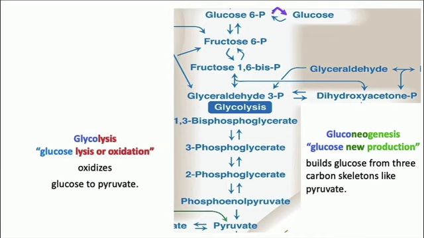But before I do that, I want to point out that most of the glycolytic enzymes also play a role in gluconeogenesis. So here on the left side of the figure, glucose gets oxidized to pyruvate. On the right side of the figure, we can see that most of the same enzymes are involved in regenerating glucose from pyruvate.